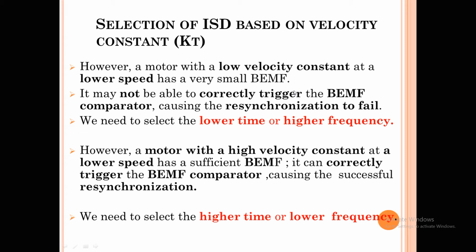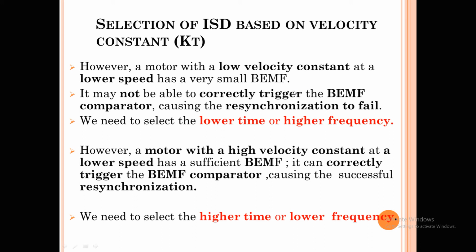A motor with a lower velocity constant will have a lower back EMF value at a lower speed. So to get a proper trigger, we need to select a lower time or a higher frequency to perfectly resynchronize or start the motor.